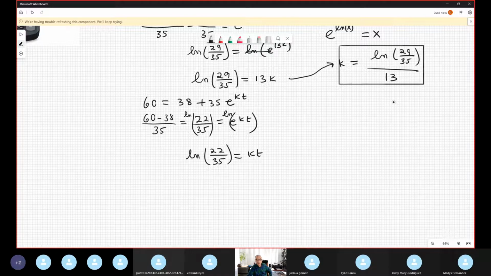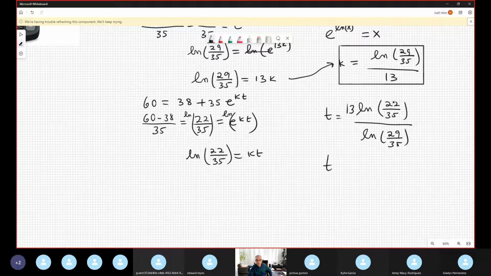Therefore, t is the logarithm of 22 over 35 divided by k. And who is k? Well, I replace it with this. You put ln of 29 over 35, and the 13 you put on top like that. Makes sense? Okay, cool.